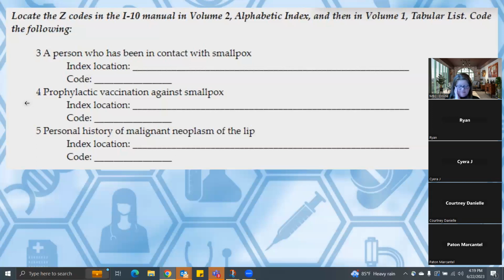Okay? But that has that red stop sign, so that means we can't code that, right? We can't stop there. We have to look at our indent down and see how else it needs us to specify it. So Z85.810, tongue. Z85.818, lip, oral cavity, or pharynx. And then Z85.819, unspecified site of lip.